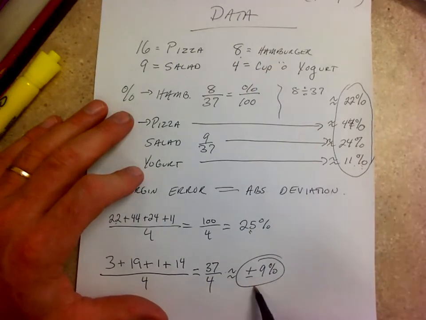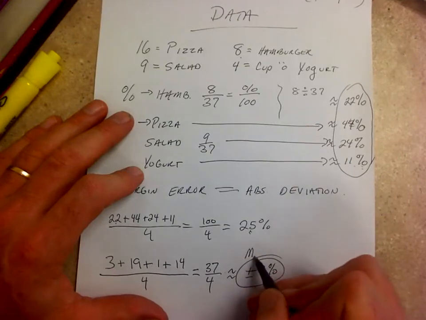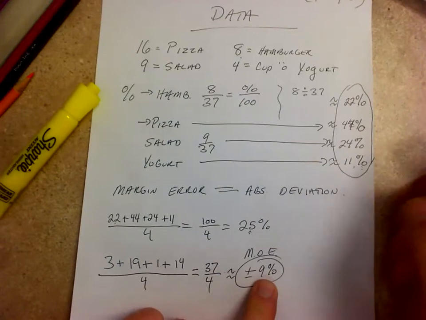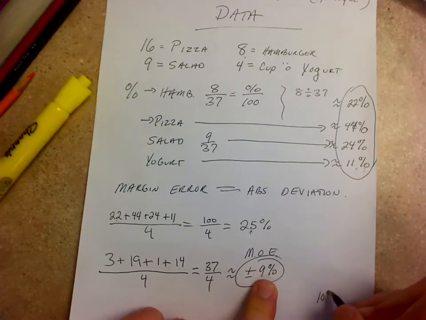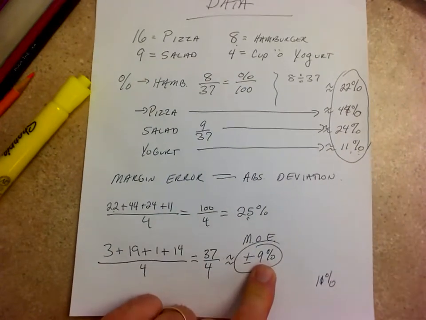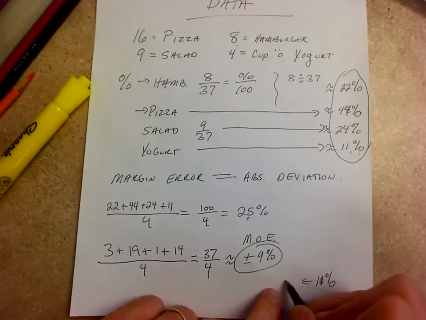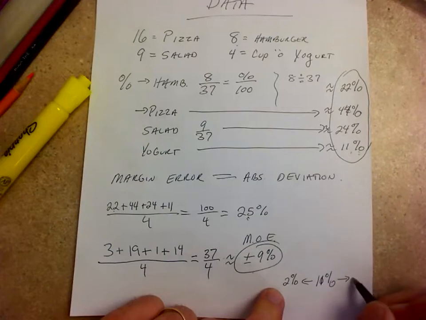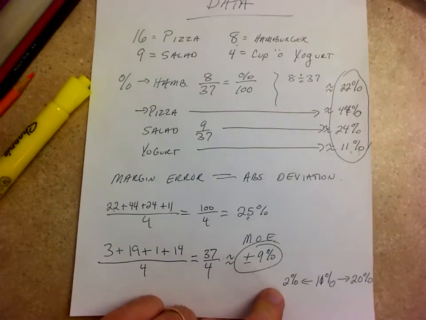Well, there's a margin of error of 9%. So what that means is we're reporting that yogurt got 11% of the votes. They may have received as little as 2%, but they might have gotten as much as 20% of the votes.